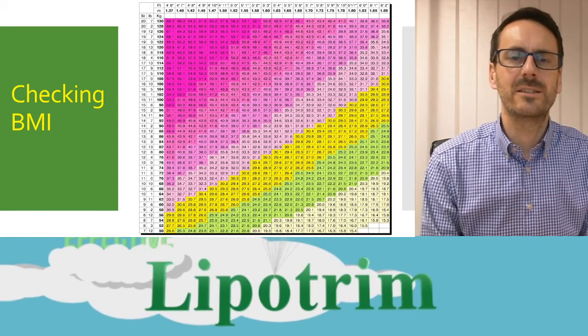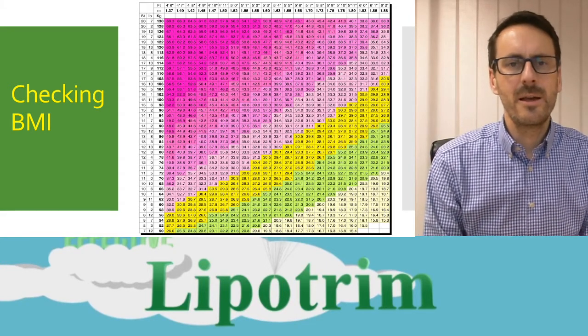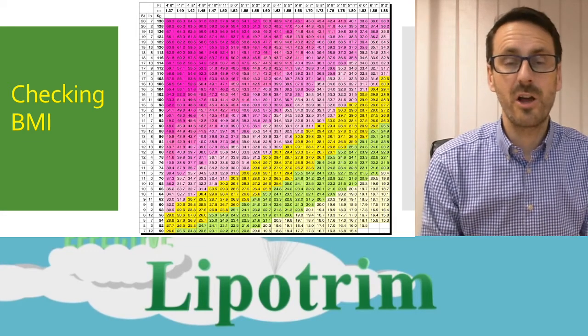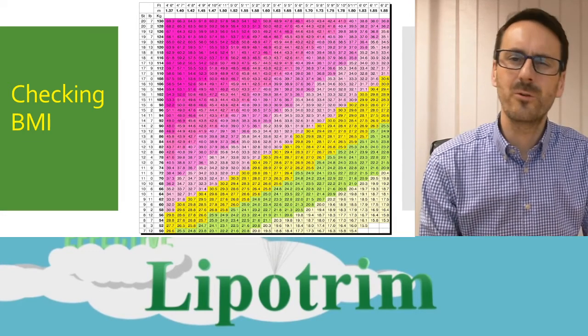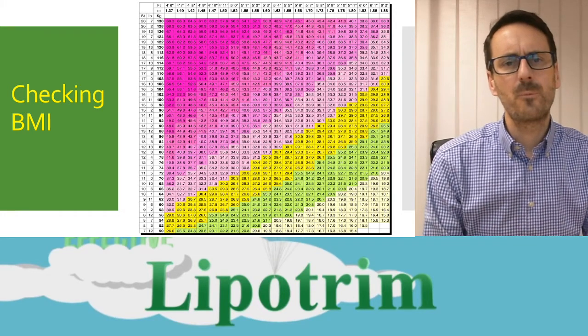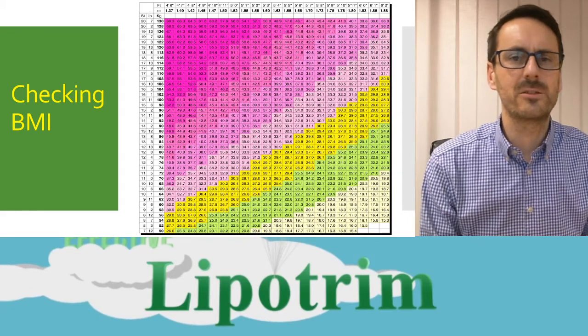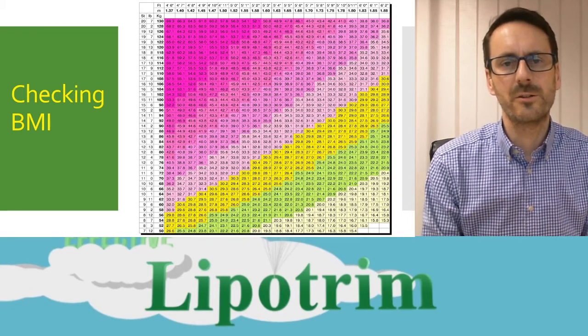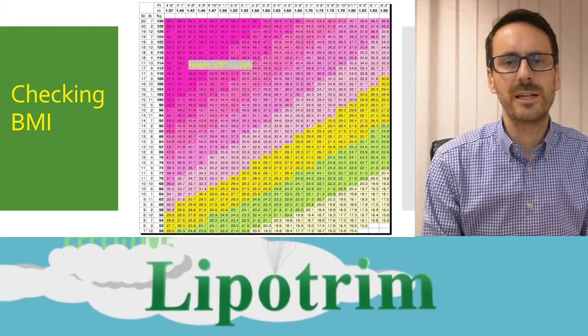Now, in practice, using the calculator is fine, but what we find is that through our supplied BMI charts, this can be made a lot more simple and also bring the patient into the equation as well. So what we can do is we can supply you posters, we can supply you BMI charts, and it's good to have a BMI poster up in the pharmacy so that patients can see where they are.